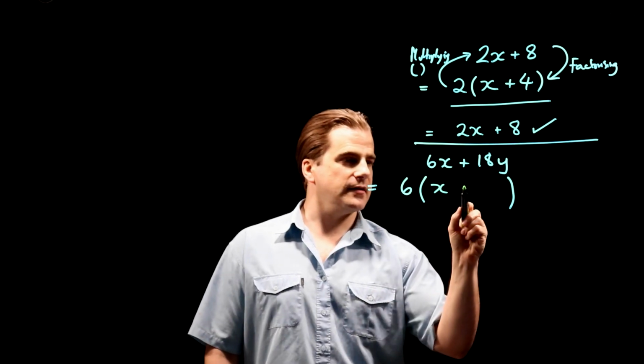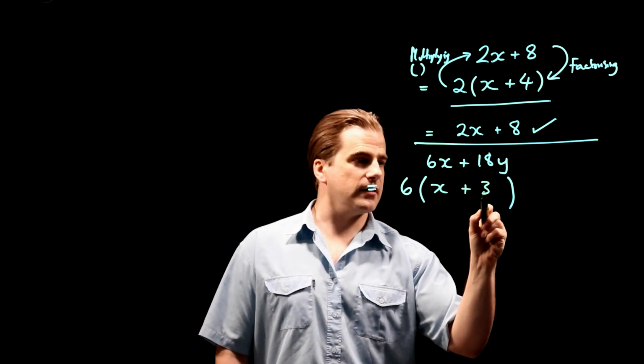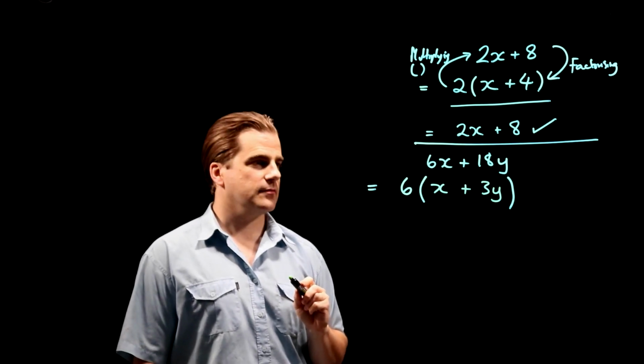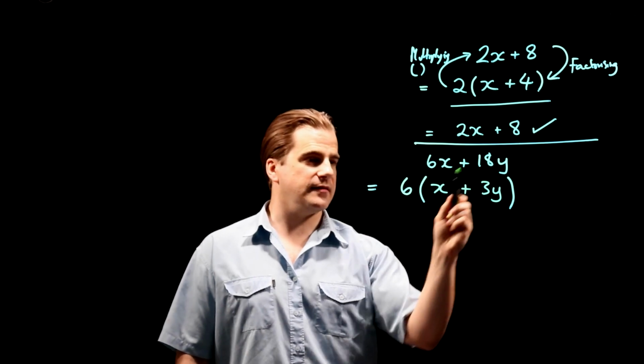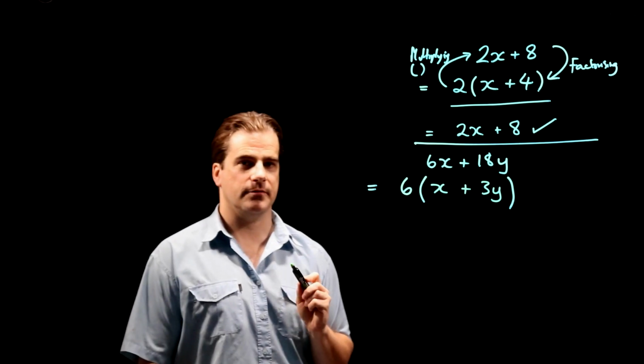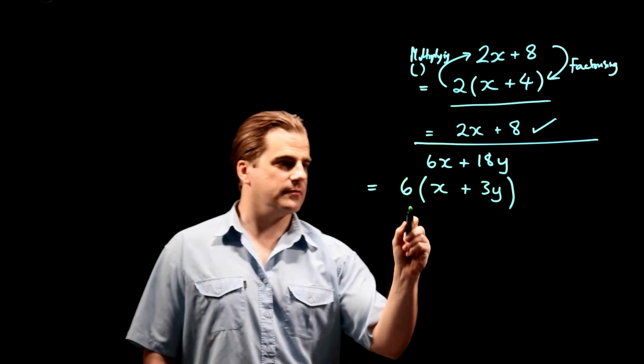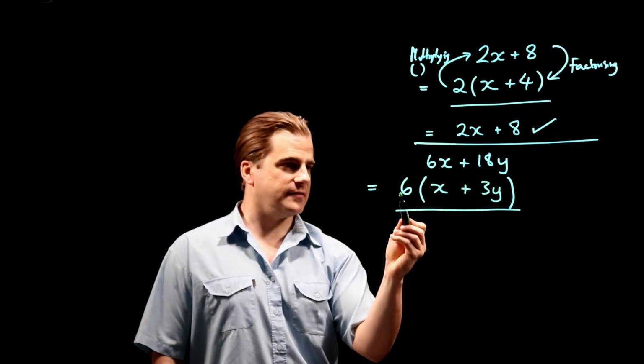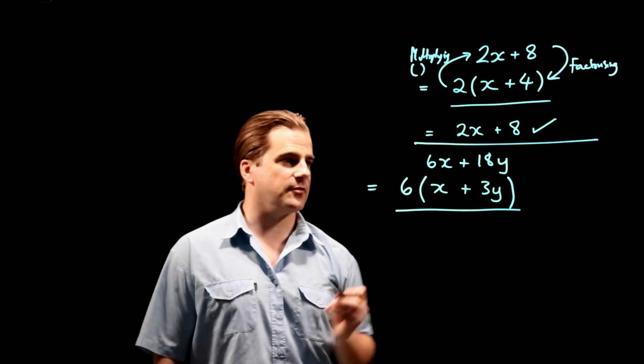Well, 6 times 3y equals 18y. Because 6 times 3 is 18, and that's just the y there. We're done. That factorised is 6 times x plus 3y.